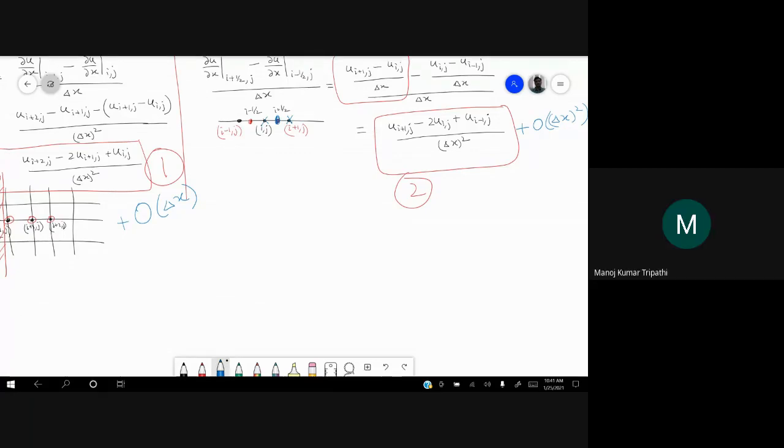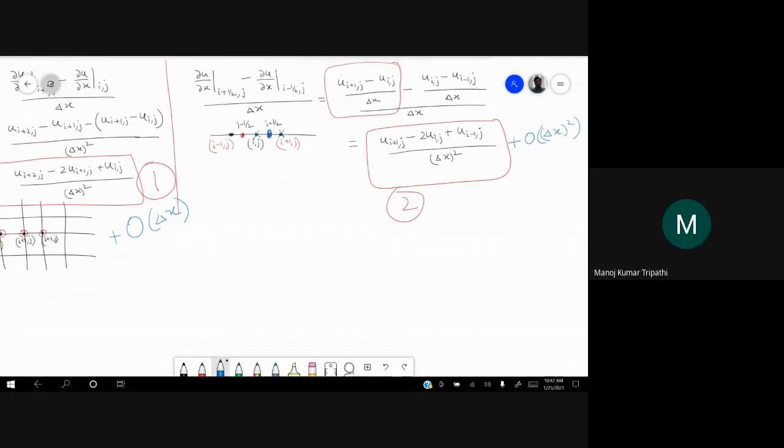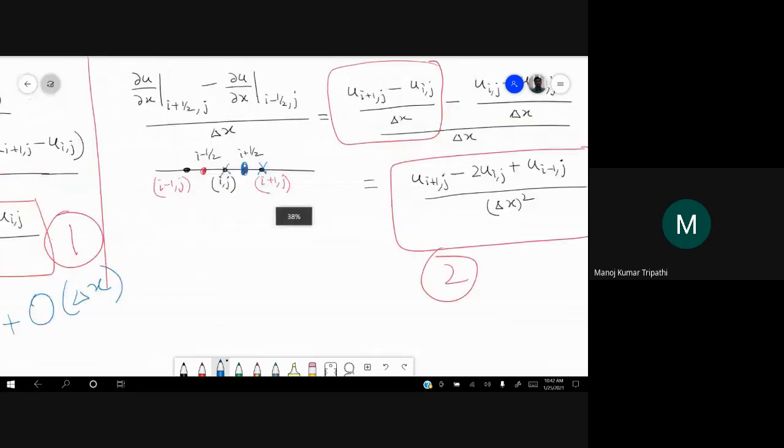Yes, in the second formula, then it should be 2 delta x, because I plus half comma j and I minus half comma j will have. Okay. Yeah. So let me explain this. The distance between I plus 1 and I is delta x. So we are saying that this is delta x and this is delta x. So distance between every grid point is delta x.